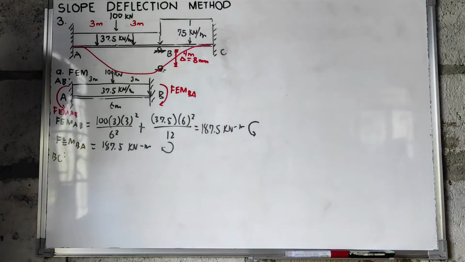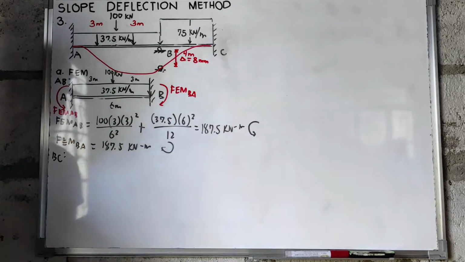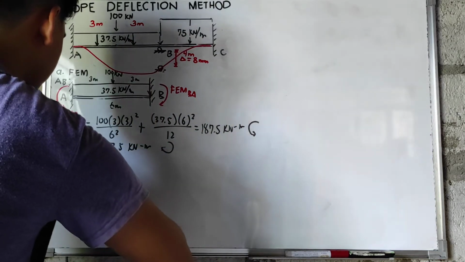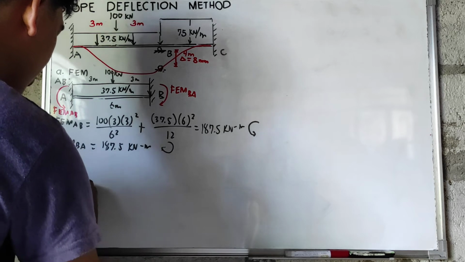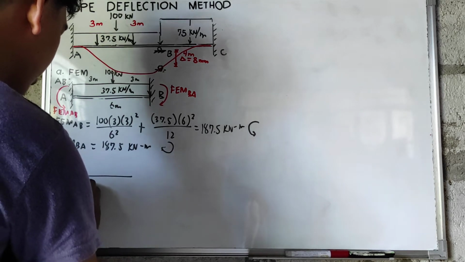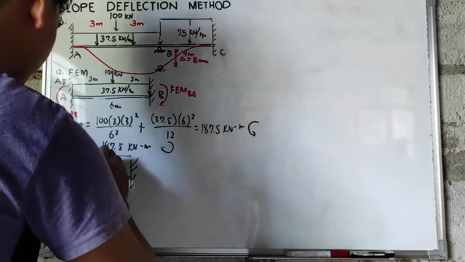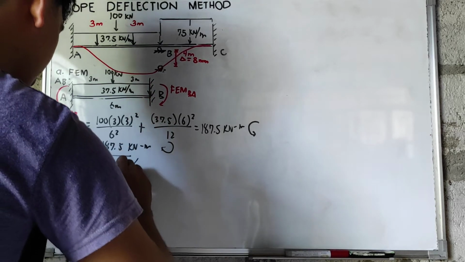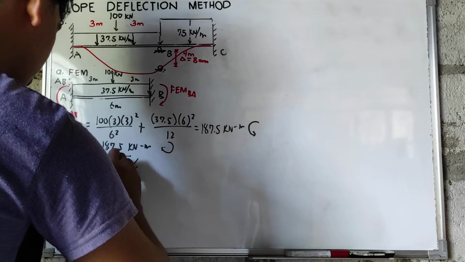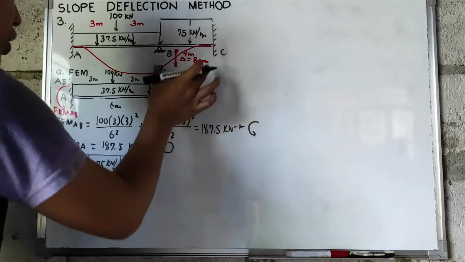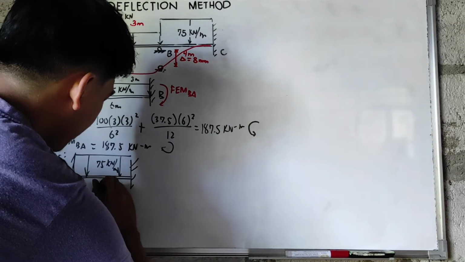For the span BC, sobrang dali lang kasi nga yung mangyayari is meron lang tayong isang uniformly distributed load na merong intensity na 75 kilonewton per meter. Yung length niya is equal to 4 meter.